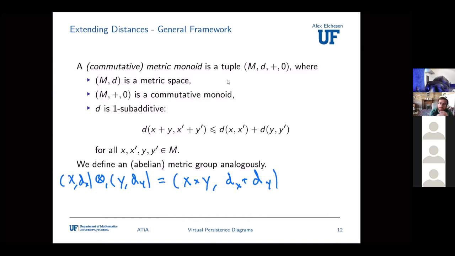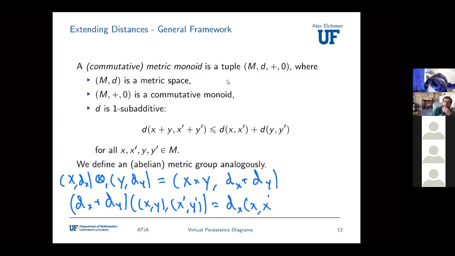So d_X plus d_Y of (x, y), (x', y') is just the component-wise distances, and then you add them together. And so this third condition is exactly saying that addition in this monoid is 1-Lipschitz with respect to this product, or this tensor. So it's a fairly natural condition, I think.